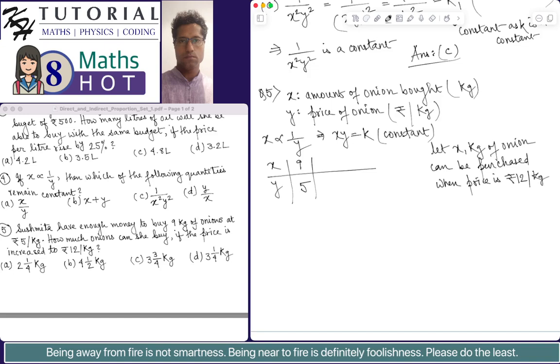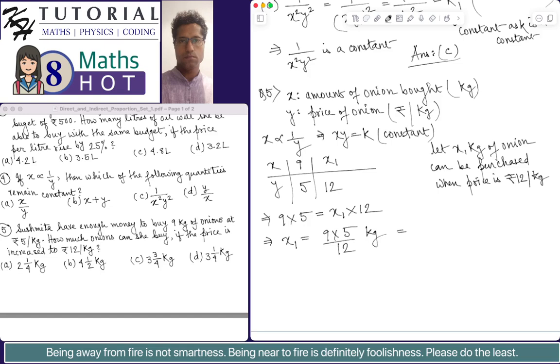So we can enter the corresponding values in the table, and we have rupees 12 for y and x1 kg for x. Okay, now applying the fact that the product of the two quantities x and y will be a constant, we can say that 9 multiplied by 5 should be equal to x1 multiplied by 12. So this implies x1 is equal to 9 multiplied by 5 divided by 12 kg.